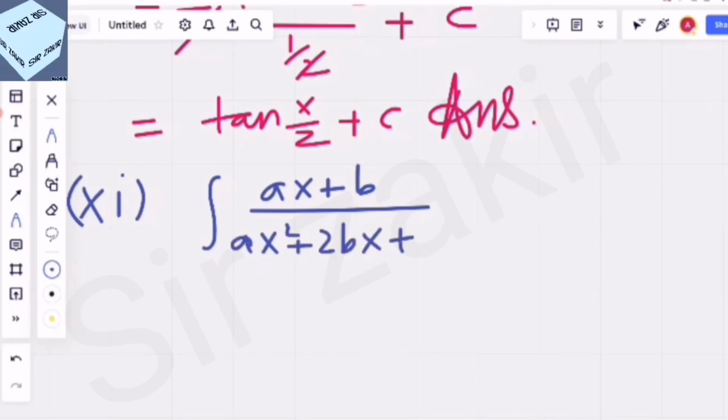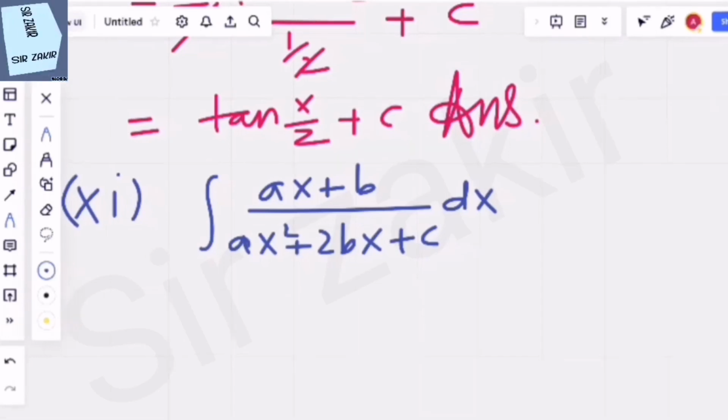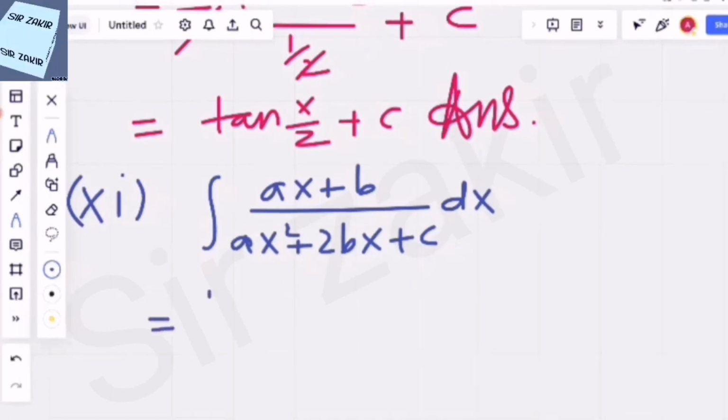So students, if you differentiate the denominator, it becomes 2ax, which can be made in the numerator by multiplying by 2. So if we multiply the numerator by 2, it becomes 2ax plus 2b, which becomes the derivative of the denominator. So denominator is function, numerator is derivative. That form we can make by multiplying by 2 and dividing by 2.